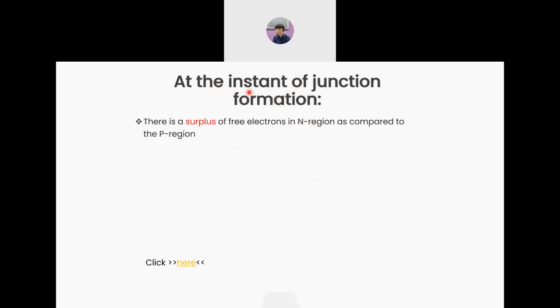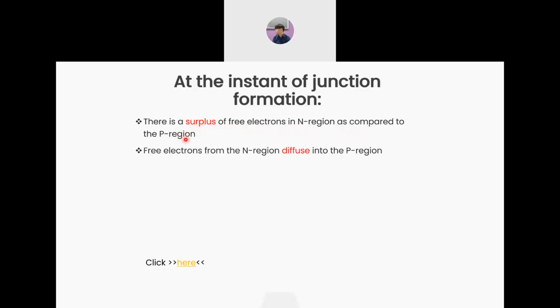There is surplus, ada limpahan, of free electron in n region as compared to the p region. That's why it is n region, right? Because it has a surplus of free electron, so it is negatively charged. As compared to the p region, because p region has a majority carrier of hole, it will have a surplus of hole, so it is positively charged.